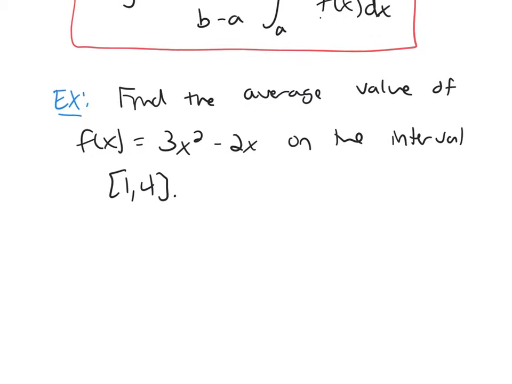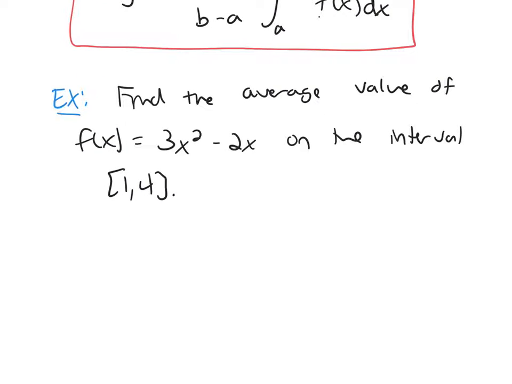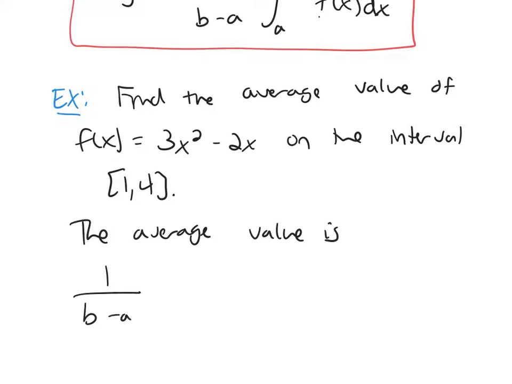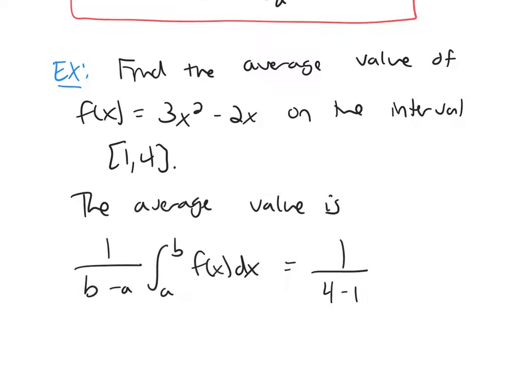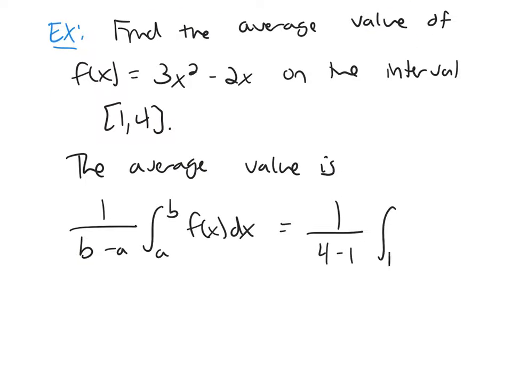So the first thing we're going to do is just plug in all of our information into our formula. So the average value is, here's our formula, 1 over b minus a, integral from a to b of your function. So here it's 1 over 4 minus 1, the integral from 1 to 4, and our function is 3x squared minus 2x.